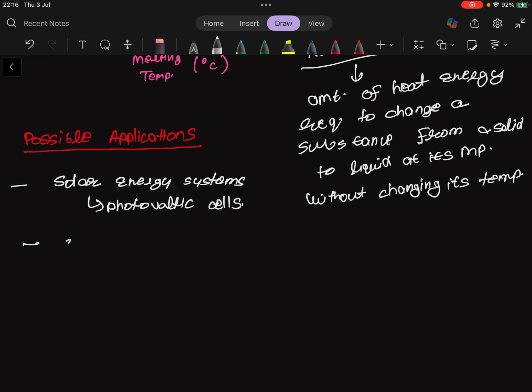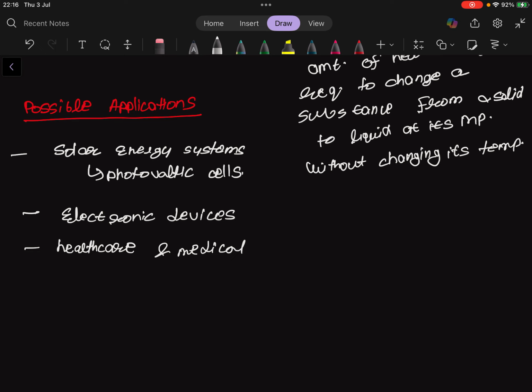We can have applications in electronic devices, in healthcare and medical systems, in smart textiles, and in building envelopes for insulating effect in buildings.